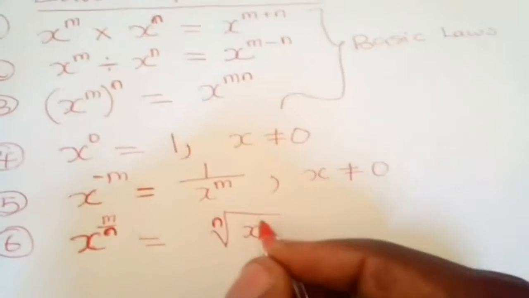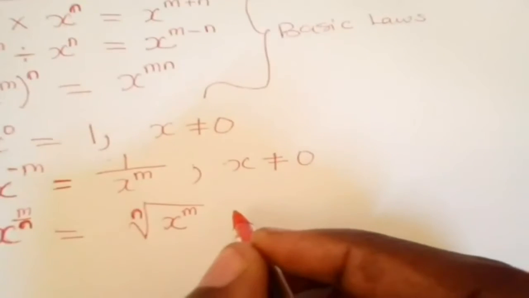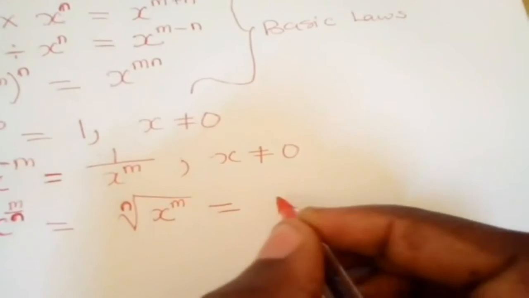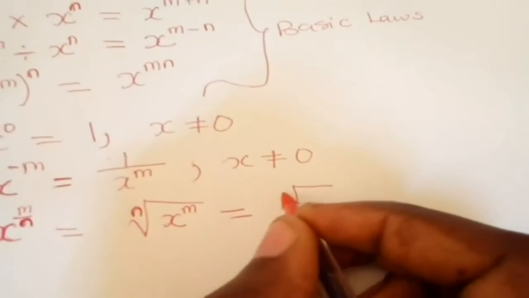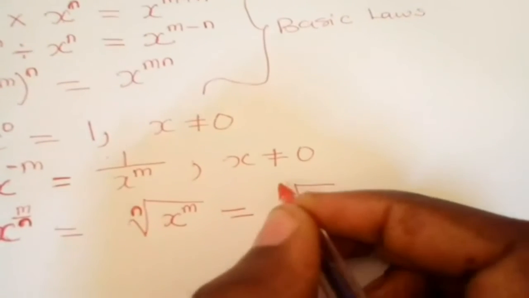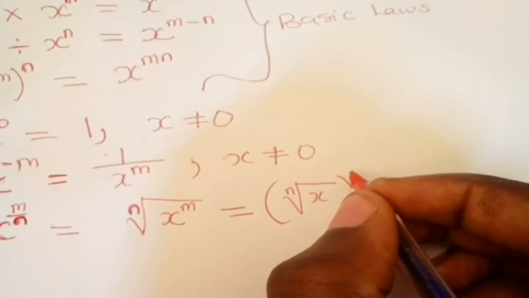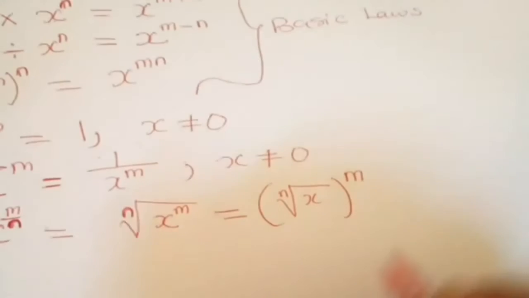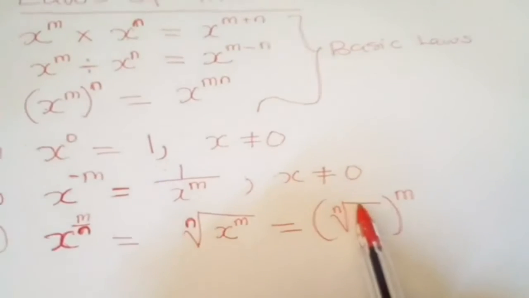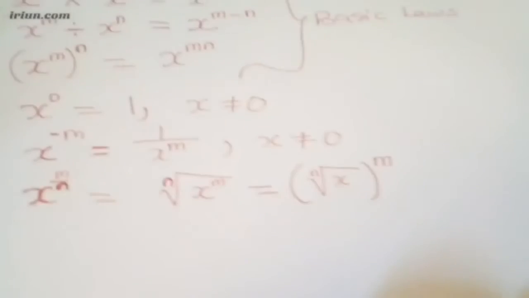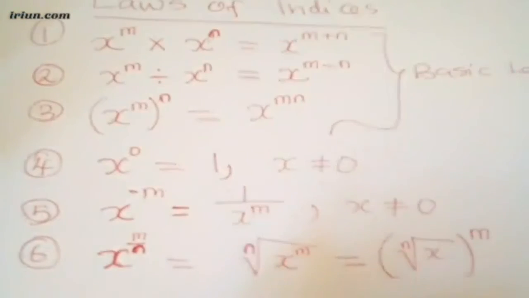Then the m is going to be here, and this is the same as, again you can write it like this, they are just the same, the nth root of x raised to the power m. So this is the same as that. Yeah, so these are the laws of indices.